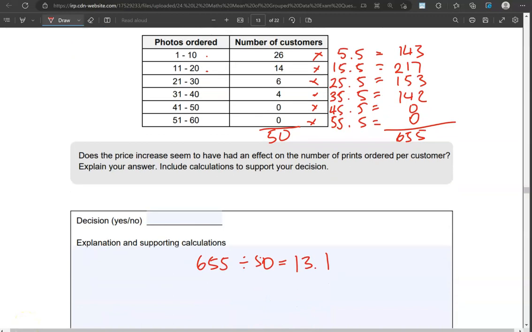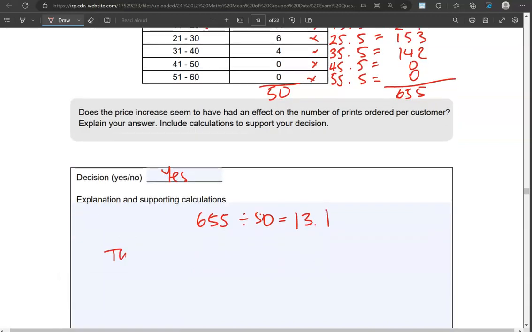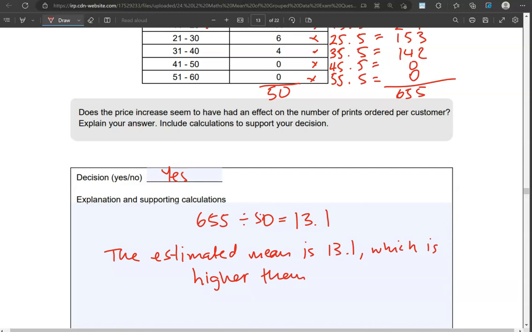So does the price increase seem to have had an effect on the number of prints ordered per customer? We're going to say yes. And we're going to say the estimated mean is 13.1, which is higher than 12.